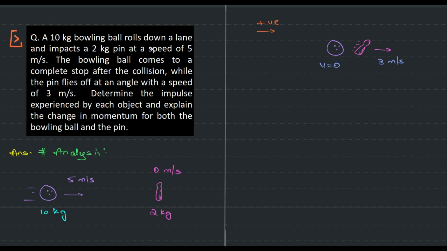A 10 kg bowling ball rolls down and impacts a 2 kg pin at a speed of 5 meter per second. The bowling ball comes to a complete stop after the collision, while the pin flies off at an angle with a speed of 3 meter per second. Determine the impulse exerted by each object and explain the change in momentum for both the bowling ball and the pin.